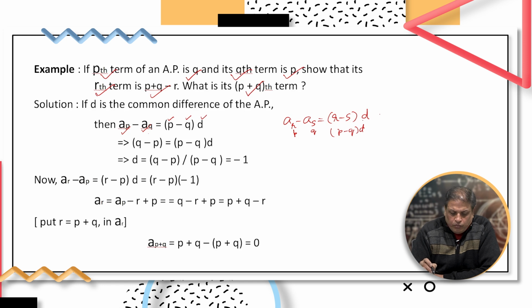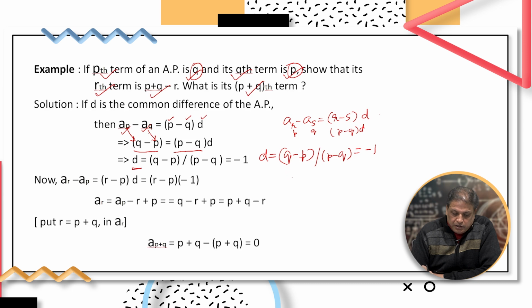Now, because the pth term is q and the qth term is p, the left hand side turns out to be q minus p and the right hand side turns out to be p minus q into d. So the common difference turns out to be q minus p divided by p minus q, which turns out to be minus 1. So the common difference d is equal to minus 1.